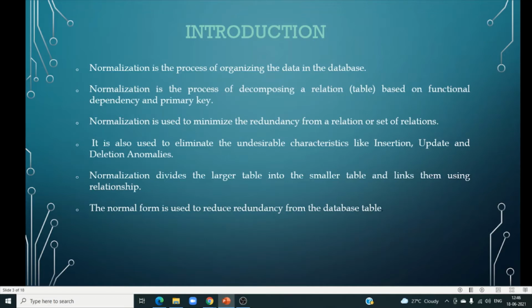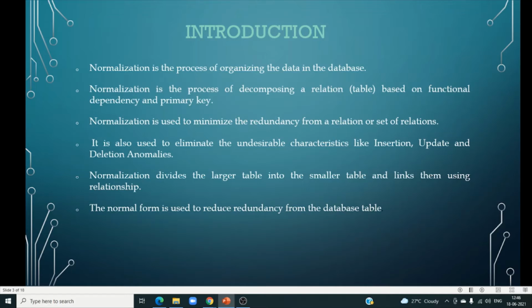Actually, what is normalization? Normalization is the process of organizing the data in the database. Or we can also define normalization as the process of decomposing a table into smaller tables to avoid data redundancy, and that decomposition is based on functional dependency.